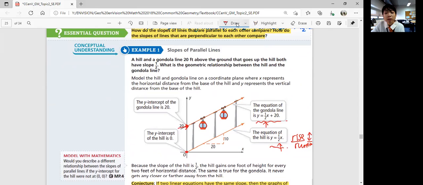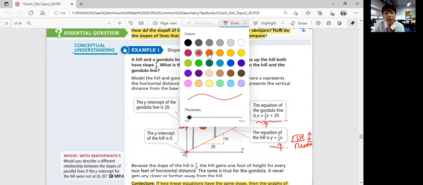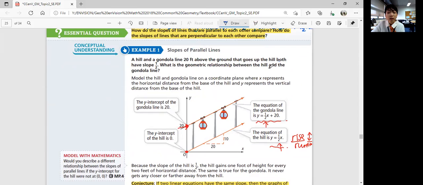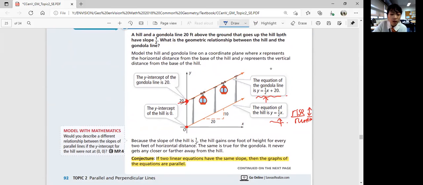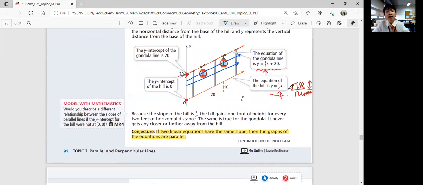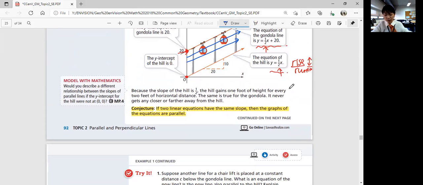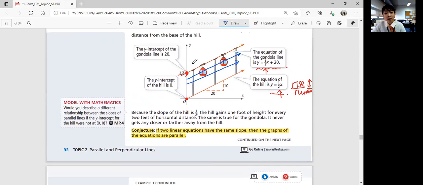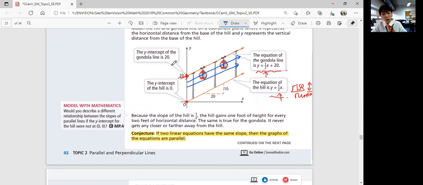So it needs to be below the gondola line, but it's still going to be the same slope, right? So it could be anywhere below the gondola line, just not too close to the ground, I guess. So what you can say is that you have the same slope, but the y-intercept is going to be below 20. And it's understood that it's going to be above 0, right?